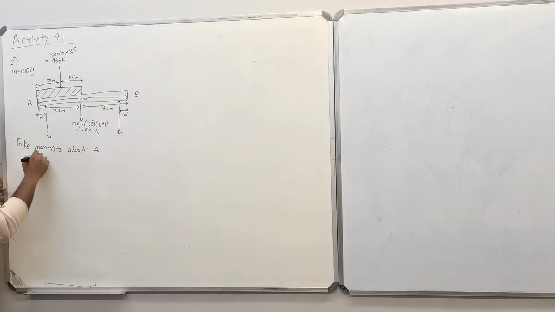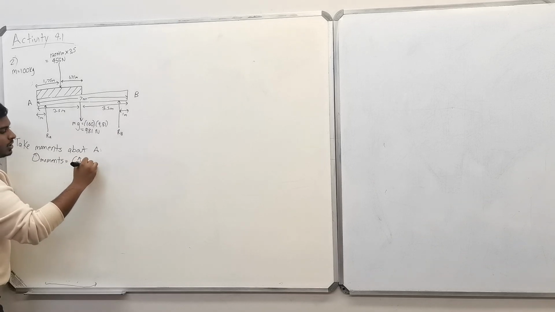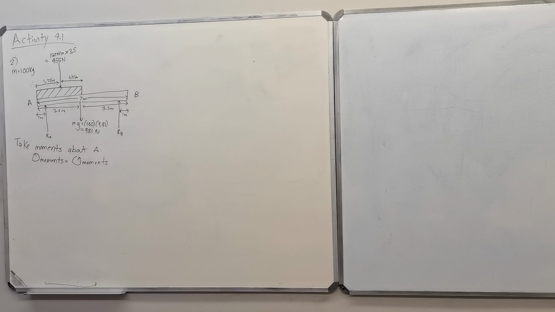And after that you would say clockwise moments is equal to anti-clockwise moments, right? So, if we are looking at A, picture A is in the center of your clock, and what will cause the other end to move in a clockwise motion? Would it be upwards forces or downwards forces? Downwards forces. So, your first downwards force is that uniformly distributed load.